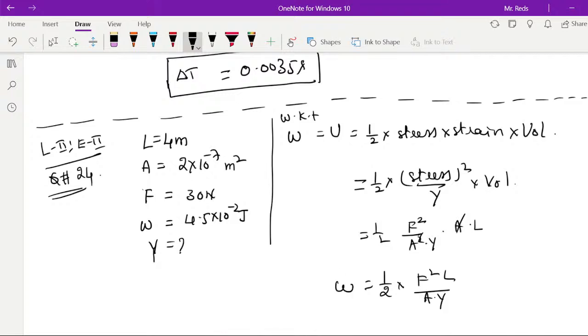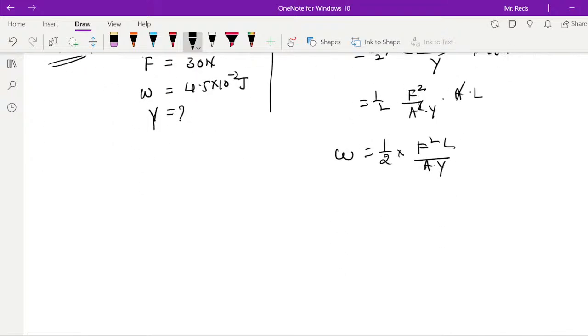So you have to rewrite this form. For calculating Y, this implies Y is equal to F square L by 2AW, which is 30 square. So 30 into 30, directly you can take it off, of course.